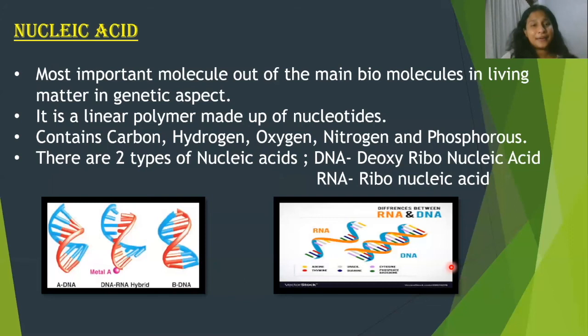And then nucleic acid, right? The most important molecule out of the main biomolecules in living matter, because these cause our genetics, right? It's a linear polymer made out of nucleotides, which contain carbon, hydrogen, oxygen, nitrogen, and phosphorus. There are two types of nucleic acids, DNA and RNA.